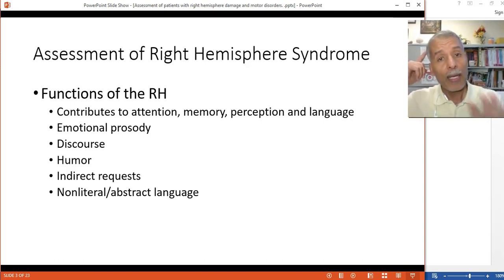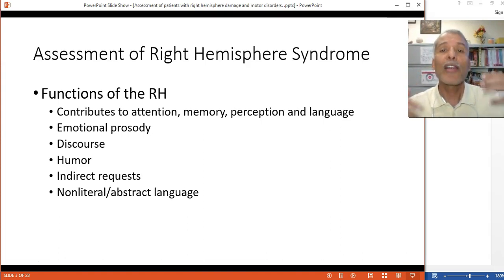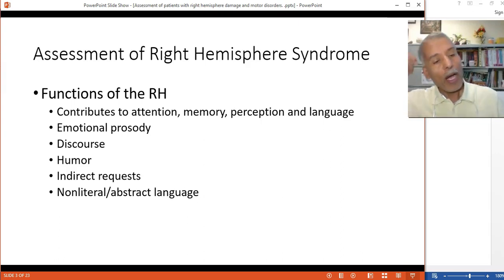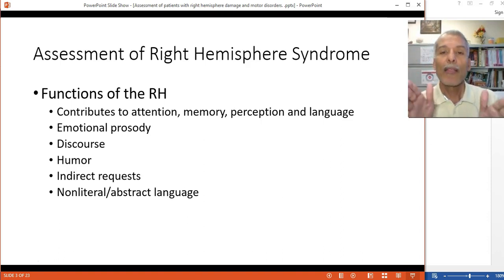And again, it is a mirror image of Wernicke's area. We know Wernicke's area is dominant for comprehension, for processing spoken language. Now, the area across in the right hemisphere that is analogous to Wernicke's, this area also is receptive in nature. It enables you to comprehend the emotions or the emotional content in the speech of others.